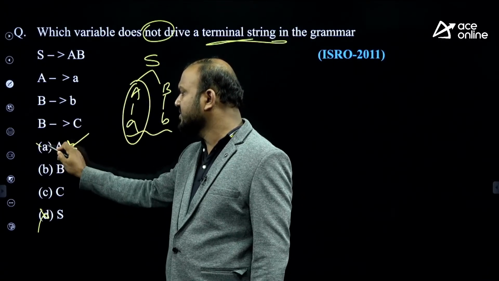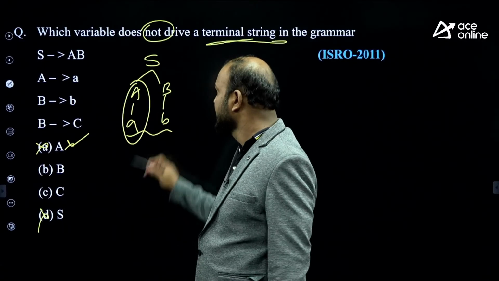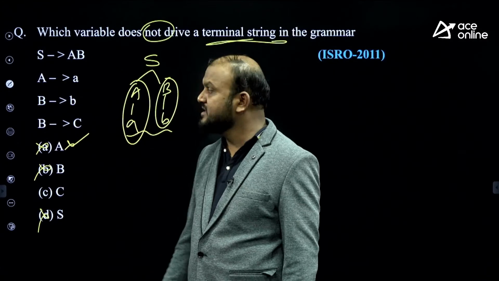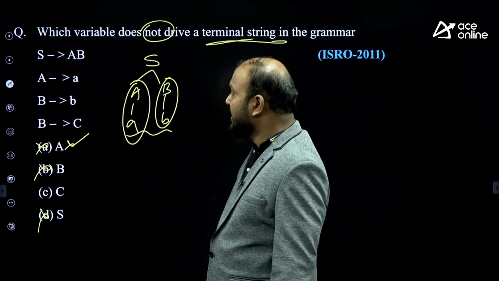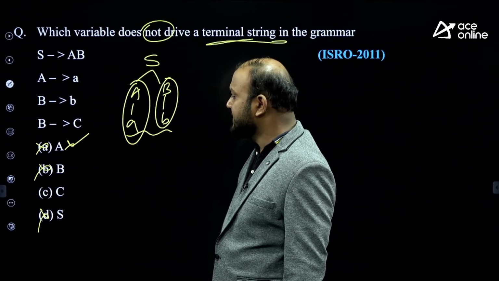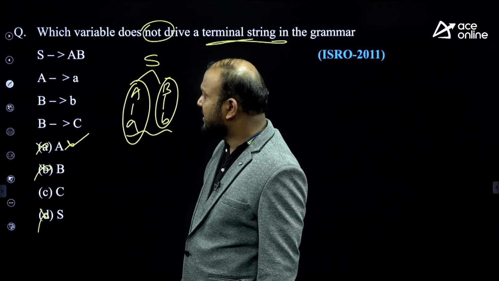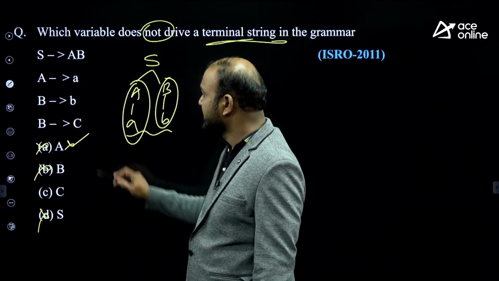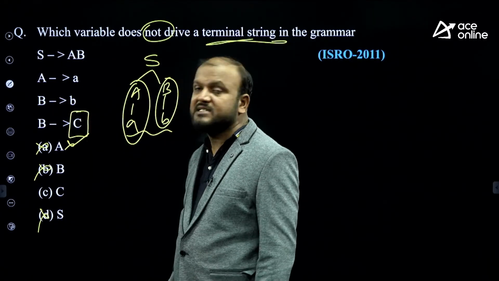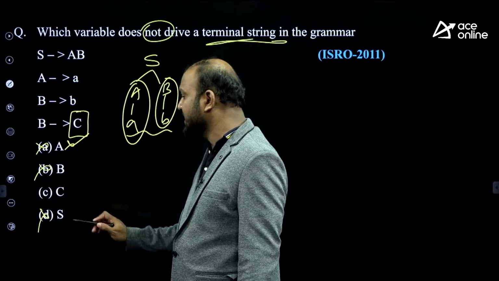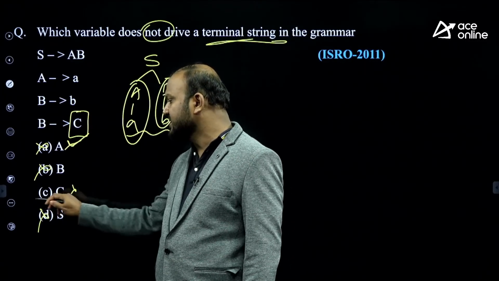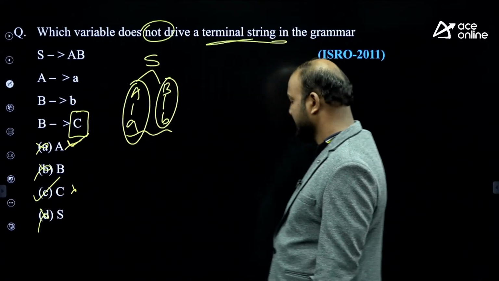With B we are deriving b, this is also possible, but it is not the answer. And look at option C, capital C. Do you have a capital C production? B tends to capital C is there. Capital C is a non-terminal, but capital C is not deriving any terminal. So this is not deriving any terminal. That is option C.